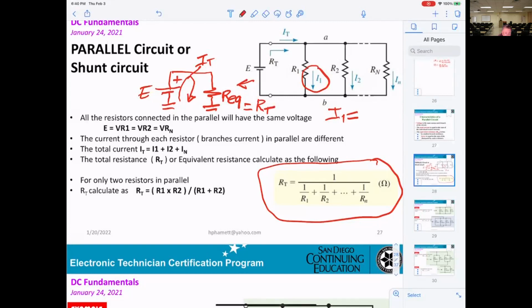The voltage across R1 here means E. So E divided by R1, you get I1. You want to calculate I2, the same thing. E divided by R2. Or Rn, you get E divided by Rn. That's what you get for the current. That's much easier. Okay?